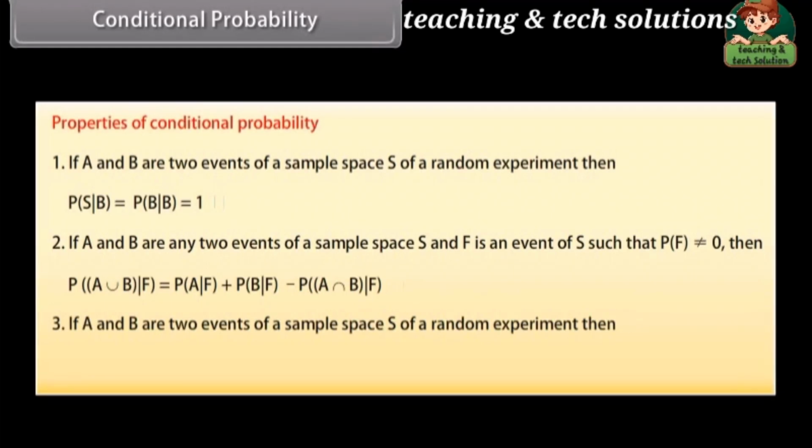If A and B are two events of a sample space S of a random experiment, then conditional probability of complement of event A when B is given is equal to 1 minus conditional probability of event A when B is given.